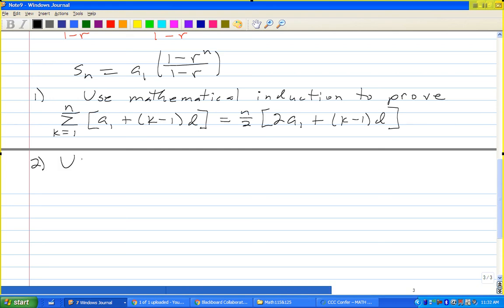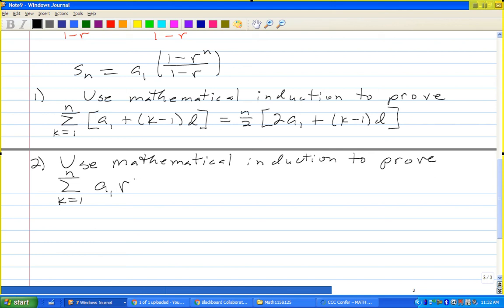Number 2, use mathematical induction to prove that the above formula, the sum, k equaling 1 to n of a1 r to the k minus 1, is equal to a1 times 1 minus r to the n over 1 minus r.